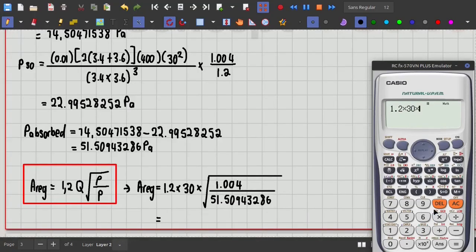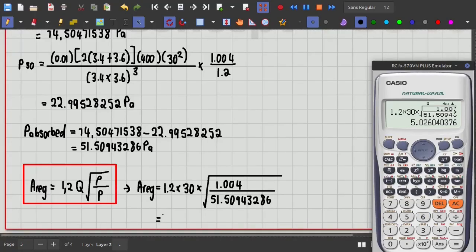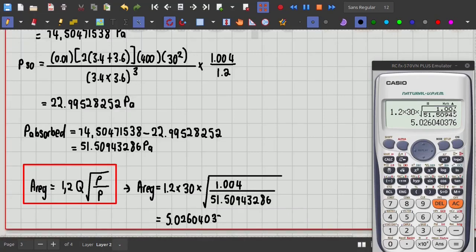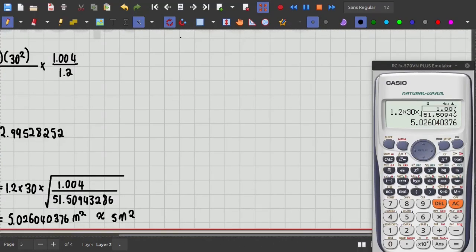Continuing here, we get 5.02604036376. We can round this off to 5 square meters. So that will be our answer.